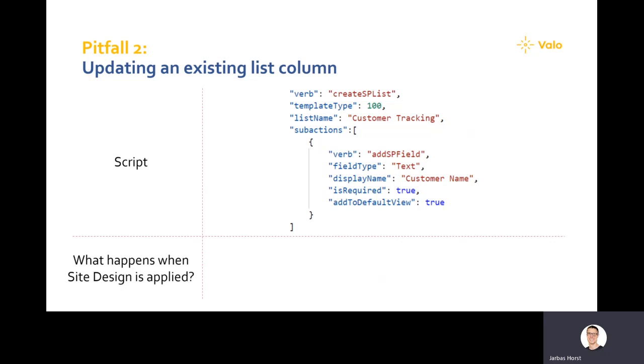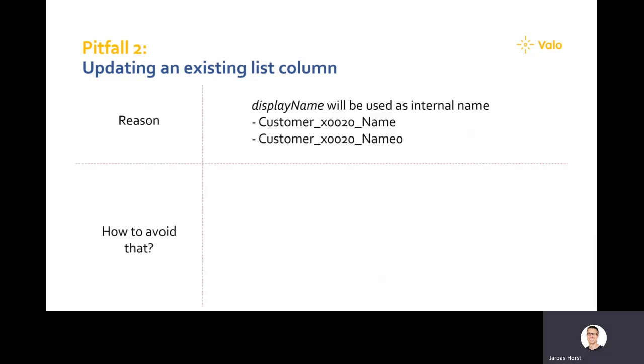Now, what happens if I try to run this script on my existing list? Here I will also end up with duplicated columns. The reason is that the display name will always be used as the internal name. If I run the script once, I will have customer space name.